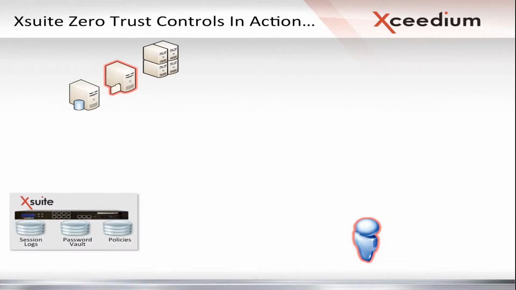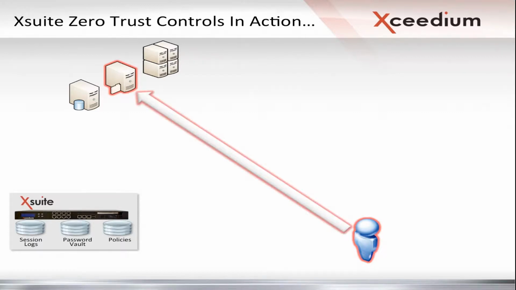So when we talk about zero trust, to put it in a really clean picture for you, we thought we would give you a simple use case. We provide a lot of controls under the zero trust banner, and we're going to show just an exemplary use case, where this systems administrator, let's say a Unix systems administrator, needs to spend some time on a file system to do some maintenance work.